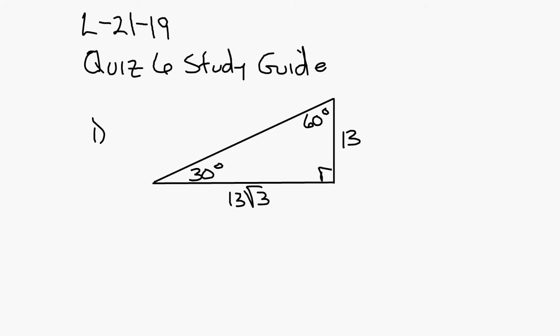So this piece right here is 22.5, and the hypotenuse is twice as long as the short leg. This hypotenuse is 26. So those are your 3 variables for number 1.